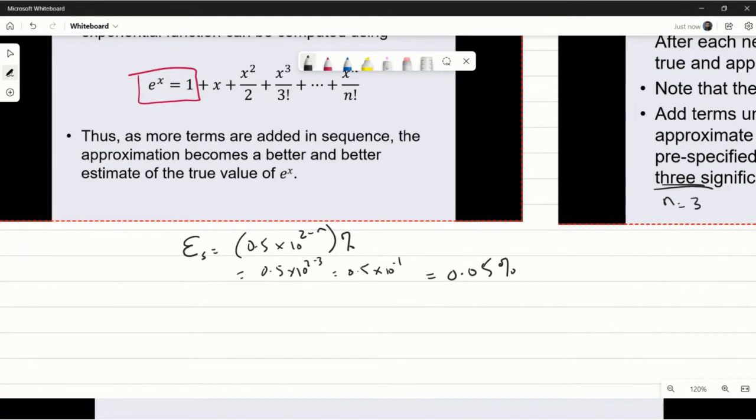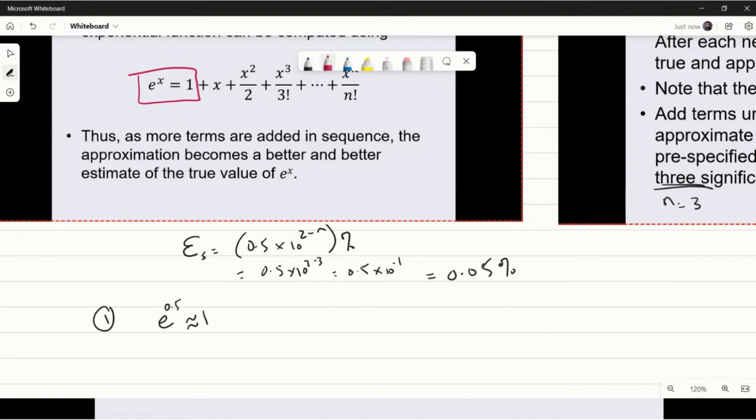Now, the simplest version, he's saying when we add only one term, this is number of terms, exponent of 0.5 is 1.